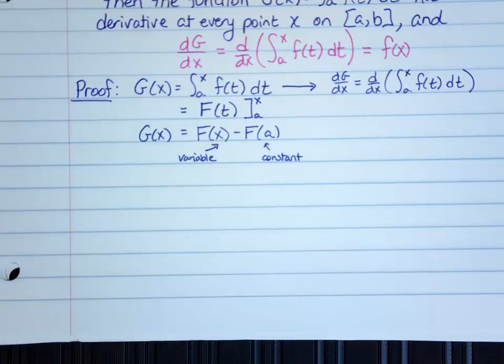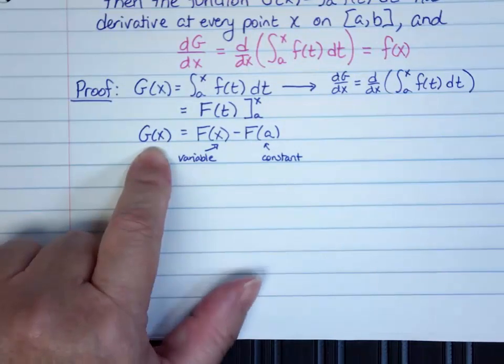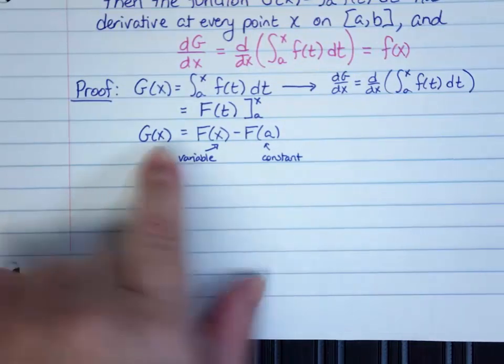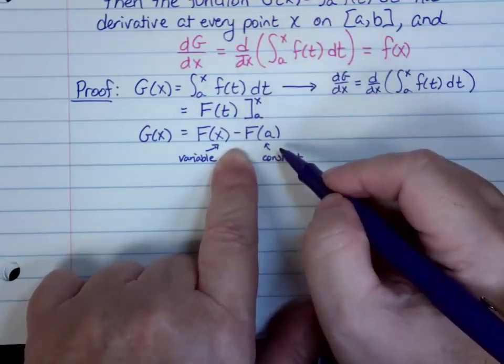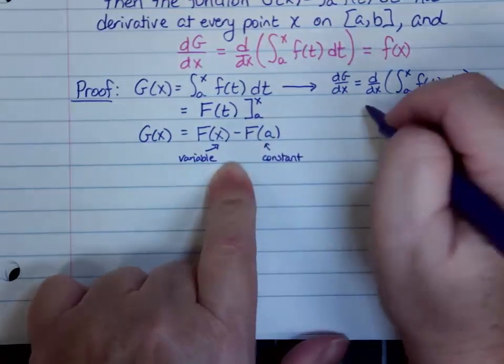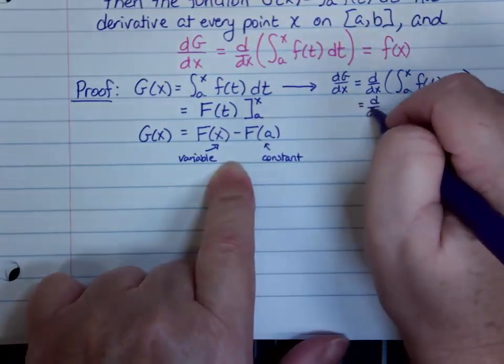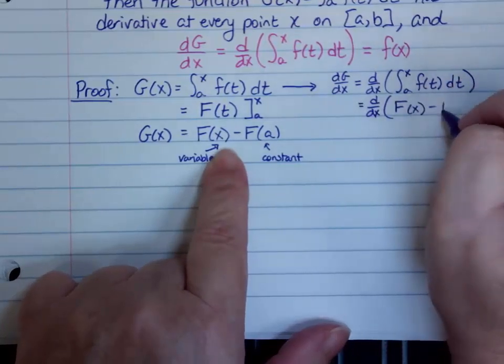That's the goal of my proof. Now, I just figured out in the left-hand column that g of x equals this. This integral turns into this, right? So I'm going to replace the parentheses with what I ended up with here. So I'm going to write equals d/dx of capital F of x minus capital F of a.